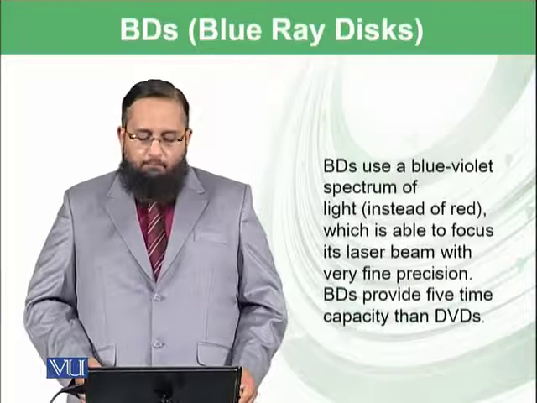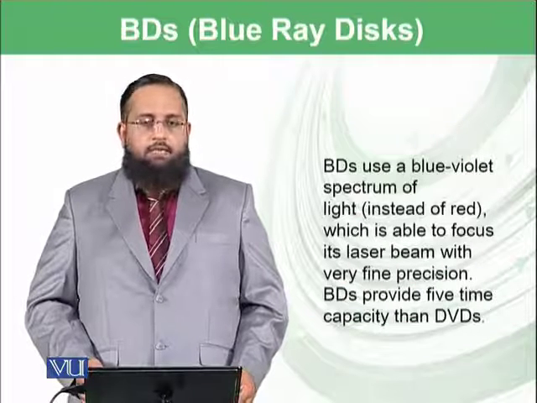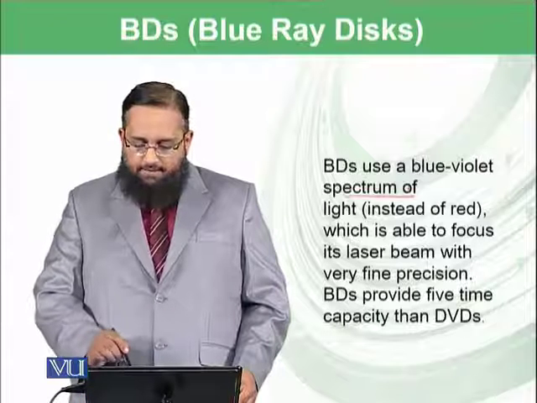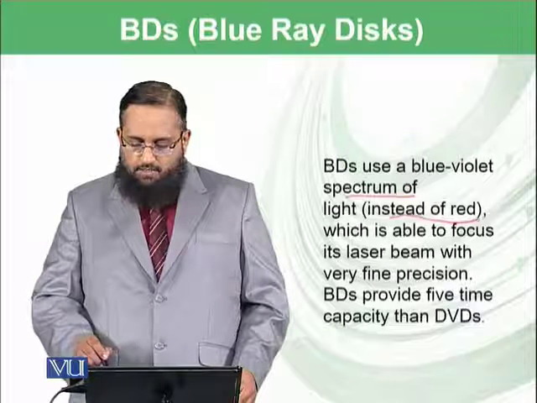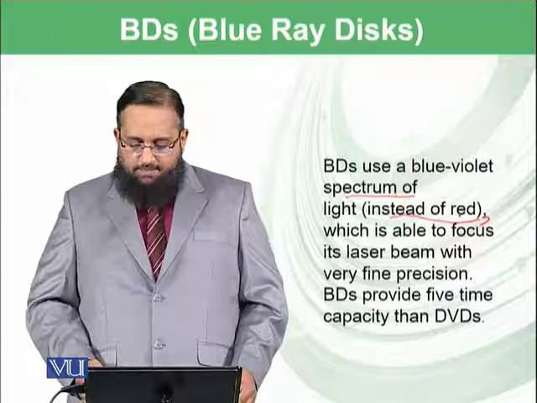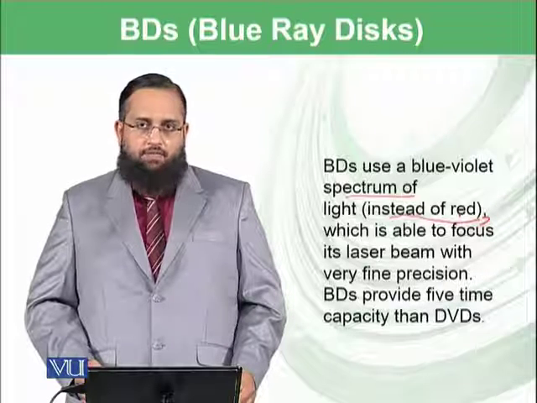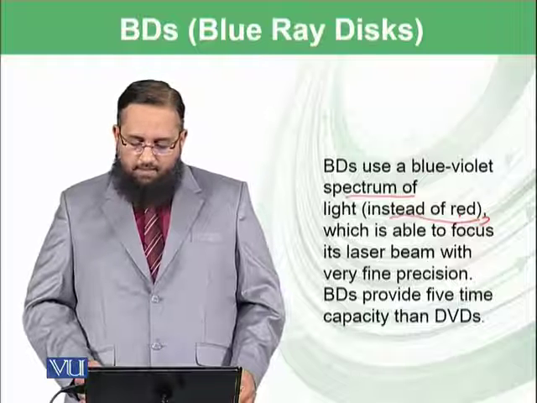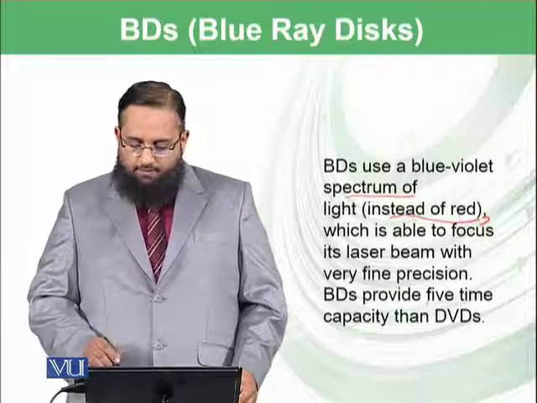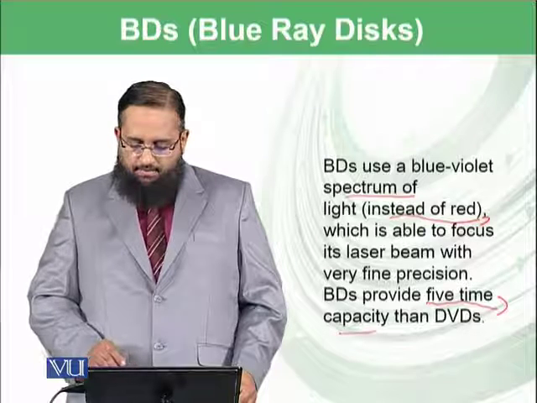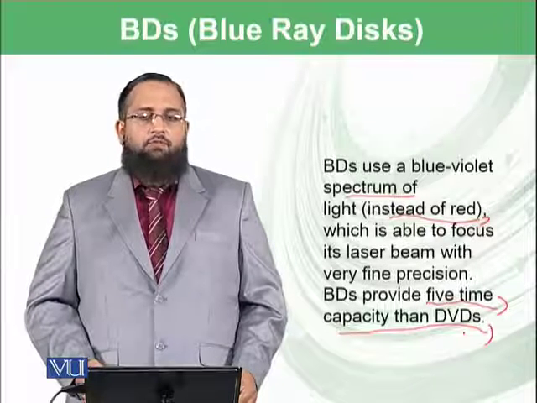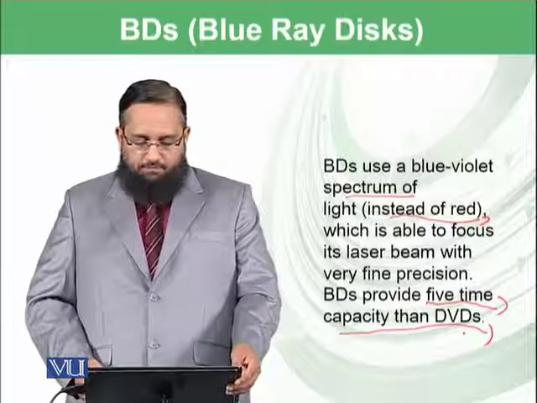Then there is the Blu-ray disc, known as BD. BDs use a blue-violet spectrum of light instead of red, which was used in CDs and DVDs, so they can focus the laser beam with very fine precision. The data quality would be outstanding, and it also provides 5 times the capacity of DVDs. So you can store more GBs of data on BDs.